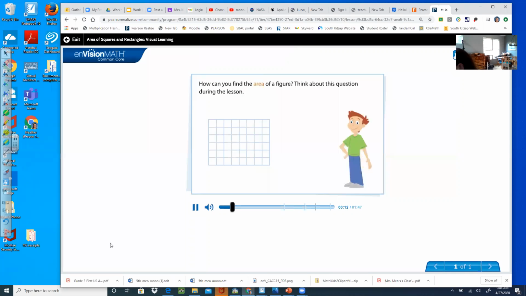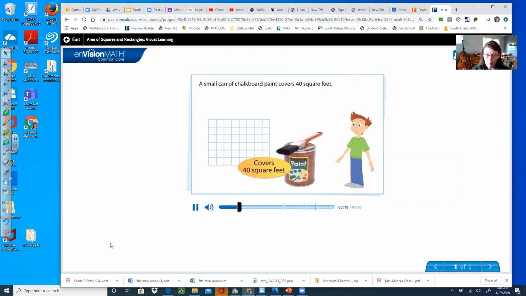How can you find the area of a figure? Think about this question during the lesson. A small can of chalkboard paint covers 40 square feet. The picture shows the area of one wall in Mike's room. Does Mike need more than one small can to paint one wall of his room?